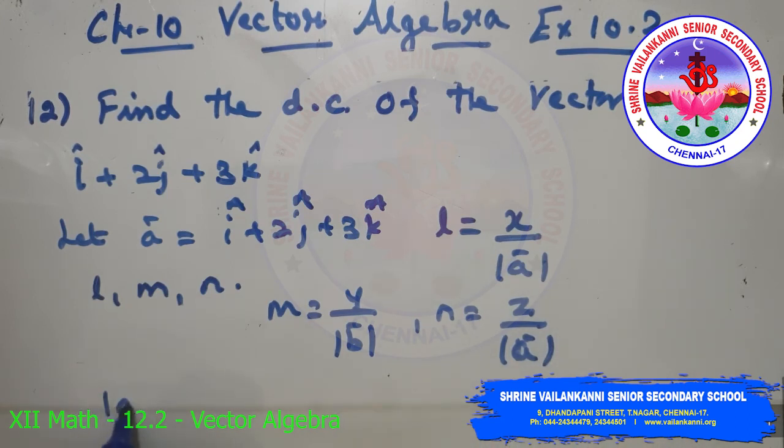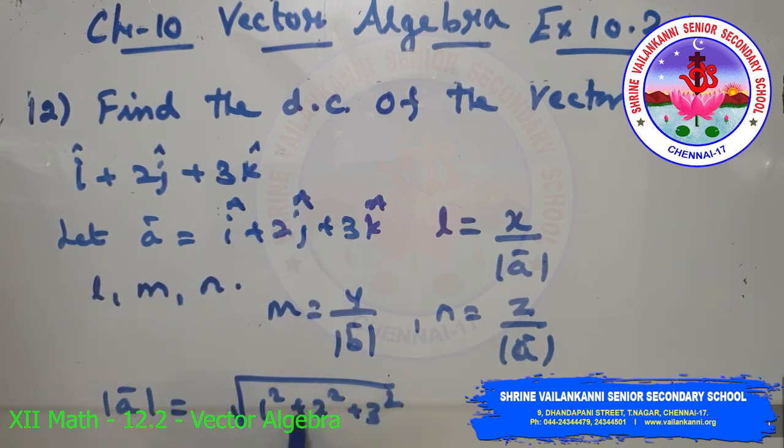So we have to find magnitude of a, which is square root of 1 square plus 2 square plus 3 square. So 9 plus 1, 10, 10 plus 4, 14, which is equal to root 14.